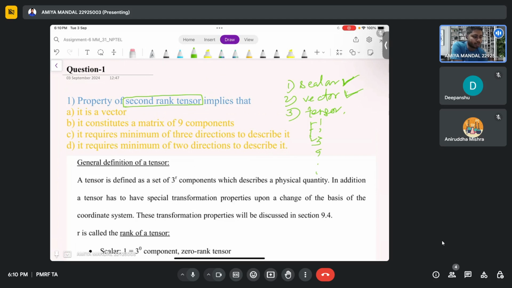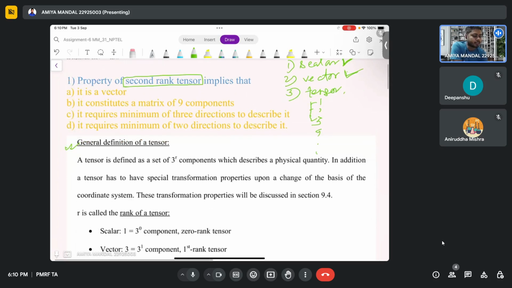So what is the general definition of a tensor? What do we mean by a tensor? A tensor is defined as a set of 3 to the power r components. That is very important: we always measure 3 to the power r components, where r is the rank of the tensor.